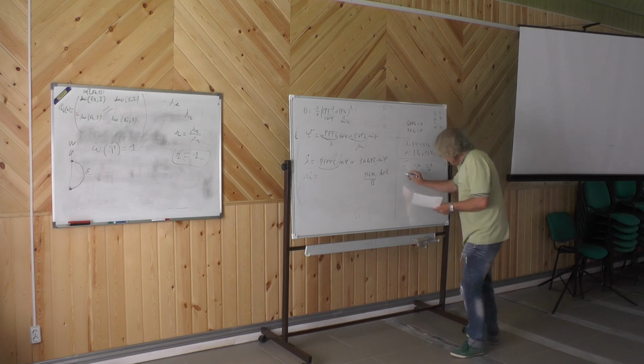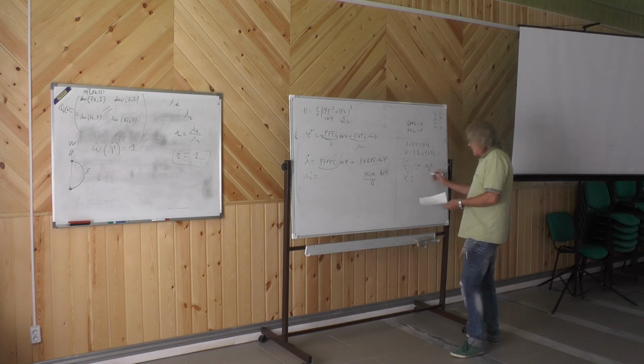Then this gives you that phi prime is equal to x plus a constant.